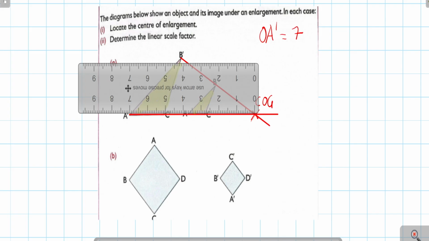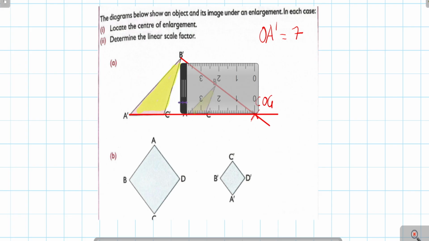Umeelewa? Now what is the distance now from the center of enlargement to the object? That is from O to A, yani O to A peke yake is around I think 3.7.